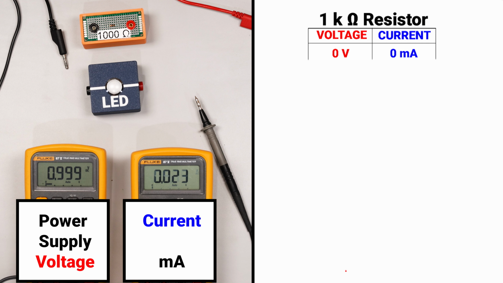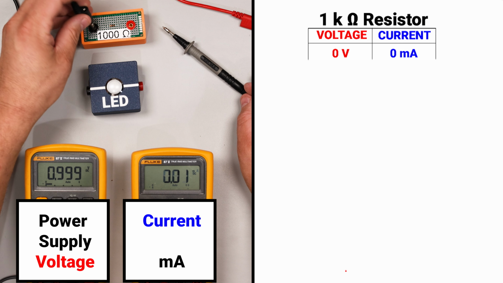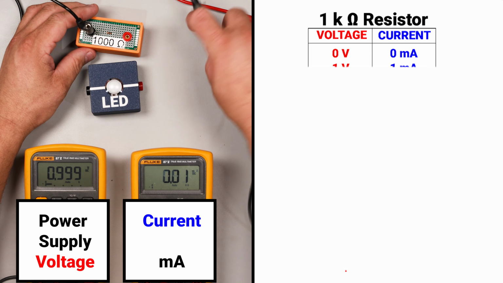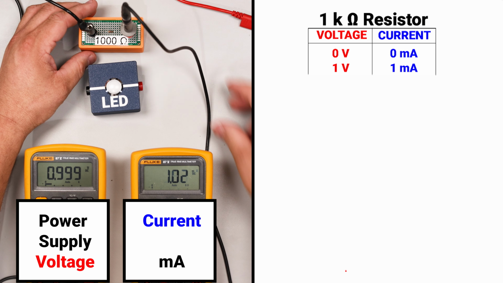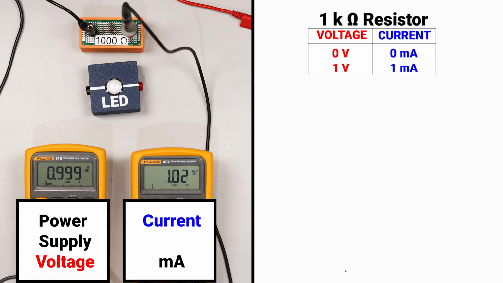So this will be set on milliamps DC, and I'll provide 1 volt to one side of the 1000 ohm resistor, and the other side I will connect this ammeter in series. So we can see now the value at 1 volt there is 1 milliamp of current flowing through the circuit.